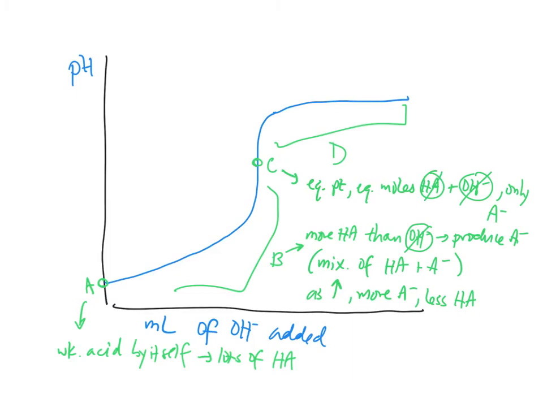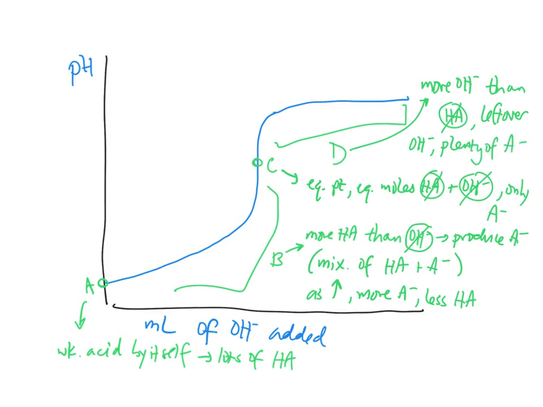Beyond the sea, in region D, you've now added more OH- than you had HA. So all the HA is gone, and you're going to have some leftover OH-, and you also did make a whole bunch of A- along the way, because the A- that you made all along the way is still there.